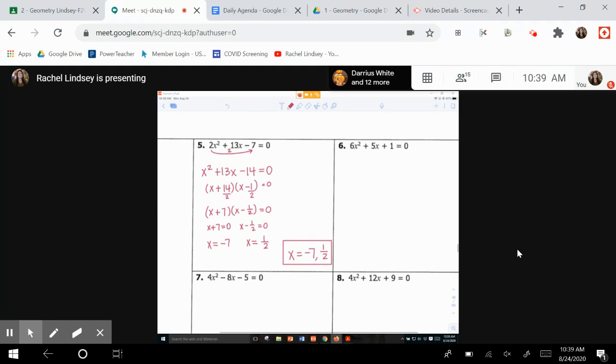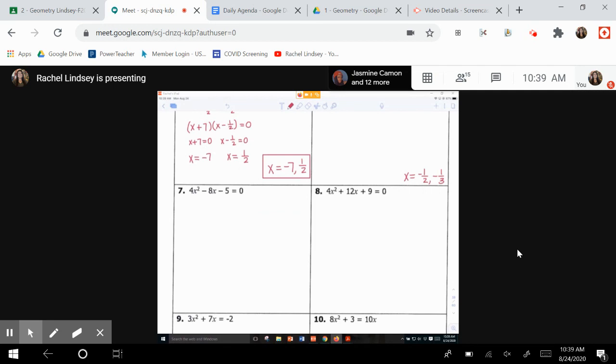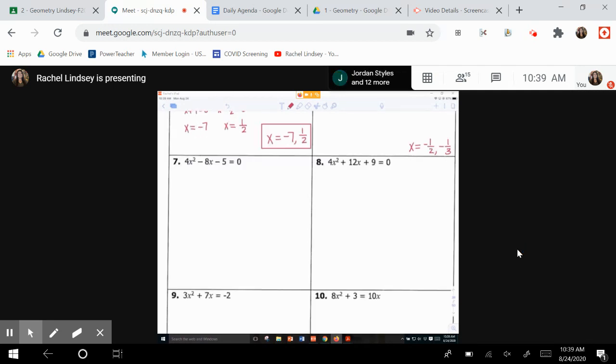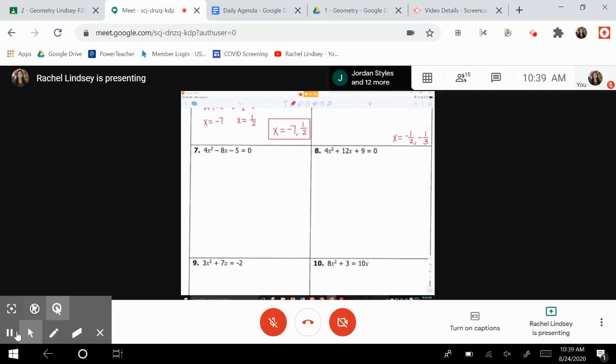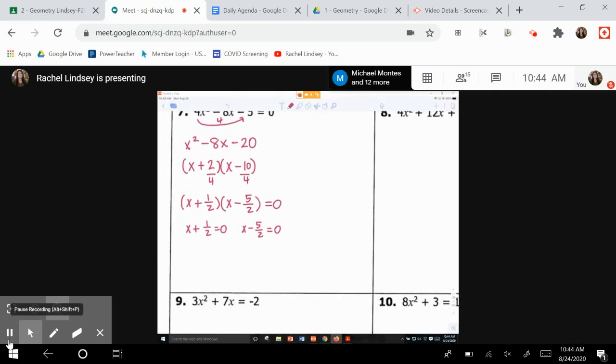Okay. Answer for 6 is x equals negative 1/2 and negative 1/3. Okay, go ahead and try number 7. And with inverse operations, I'll get x equals what? Negative 1/2, and x equals what?